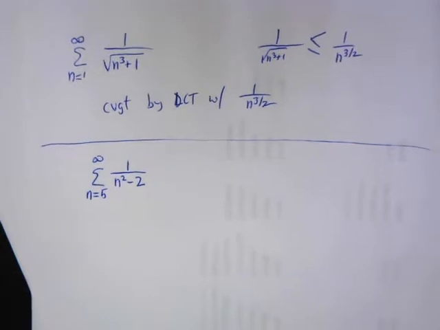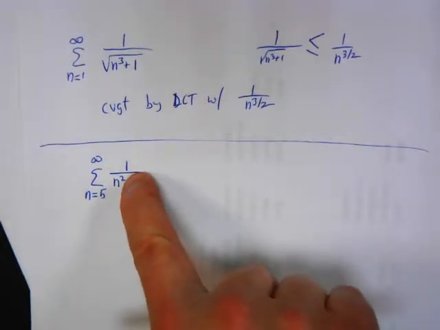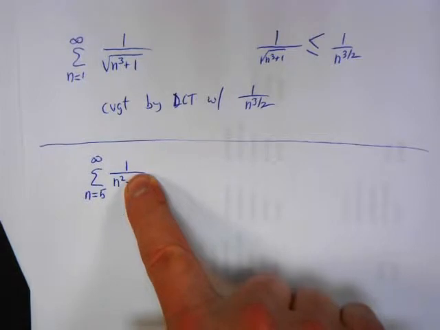I would look at that and I would guess that, does that converge or diverge? My guess would be converges. Why do we guess that it converges? Because it looks a lot like 1 over n squared. And p is 2. It looks like a convergent p-series.